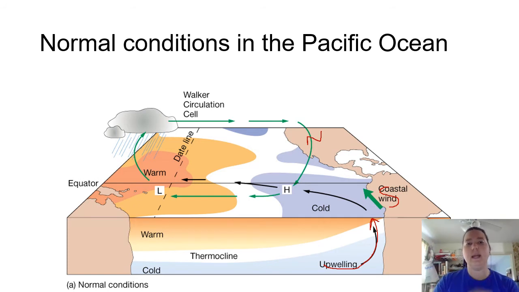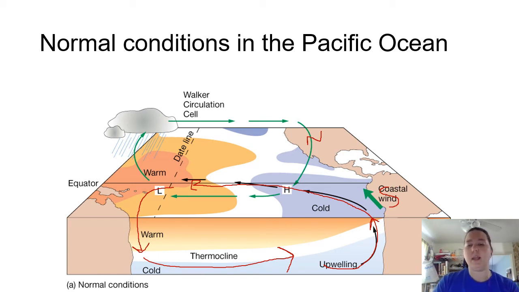bringing up those nutrient-rich waters. What happens is it pushes this cold water across the equator. As it moves across the equator, it warms up. It gets to the other side, it sinks down, and we start this whole cycle all over again. And this is that convection current like I was talking about earlier in the Pacific Ocean.